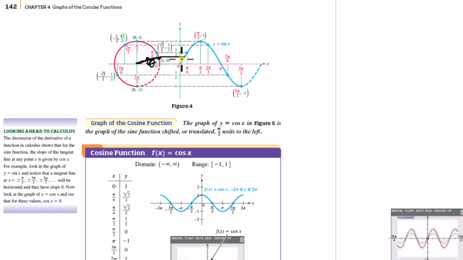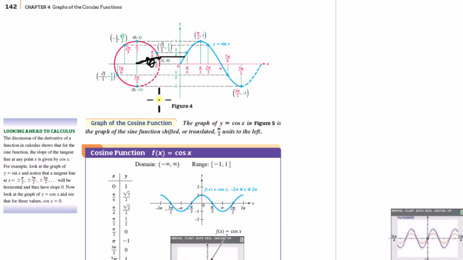As this went around, when you got to pi over 2, this would be at 1. Then you'd walk back down to 0, and this would vertically follow it all the way back down to 0. As you went from 0 to minus 1, this would stay vertically aligned all the way down to -1. They would be vertically married to each other.